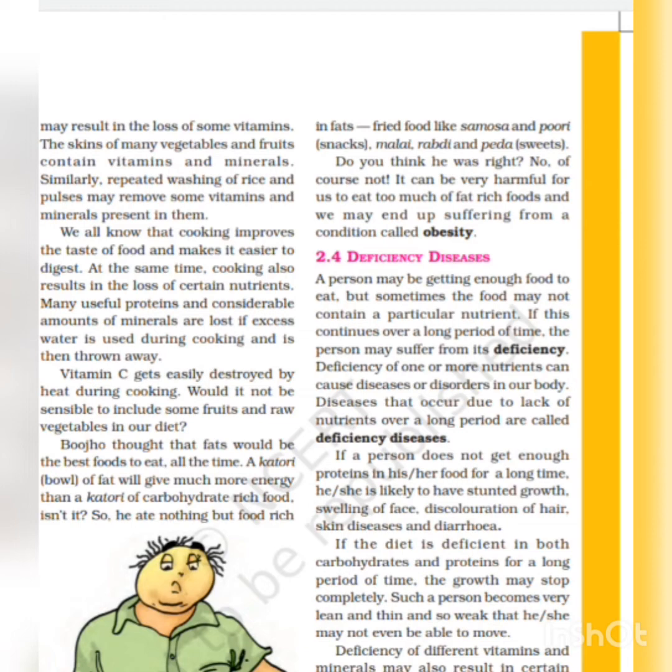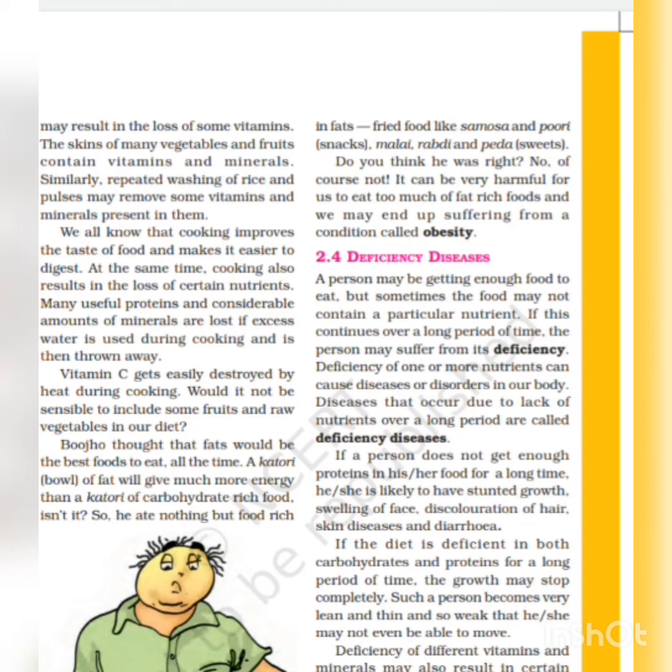Okay? Now, what is a deficiency disease? If you do not have the proper amount of any kind of nutrient in your body, it means you have less quantity of that particular nutrient.